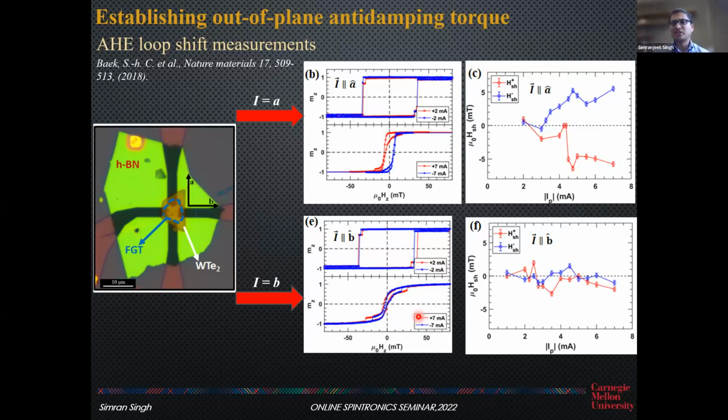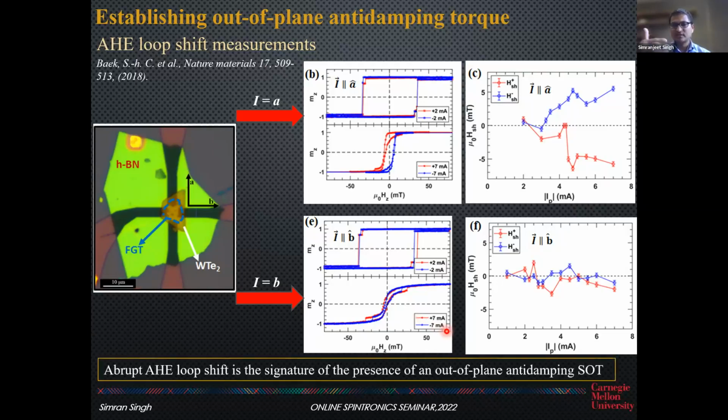They shrink because of Joule heating, which affects your hysteresis loop, the coercive field and everything. So this really tells you that there is an out-of-plane anti-damping torque acting on the magnetization of FGT when we apply charge current along the a axis.